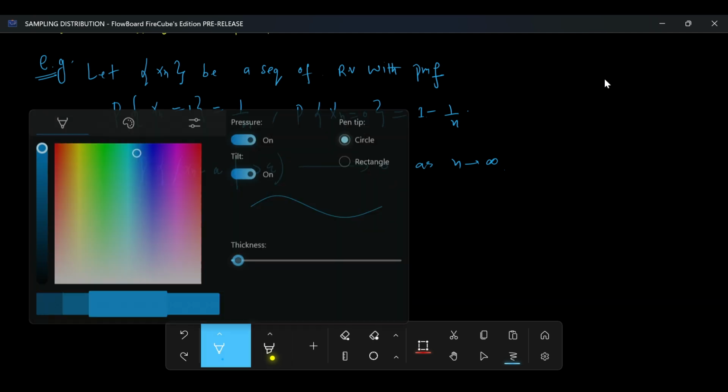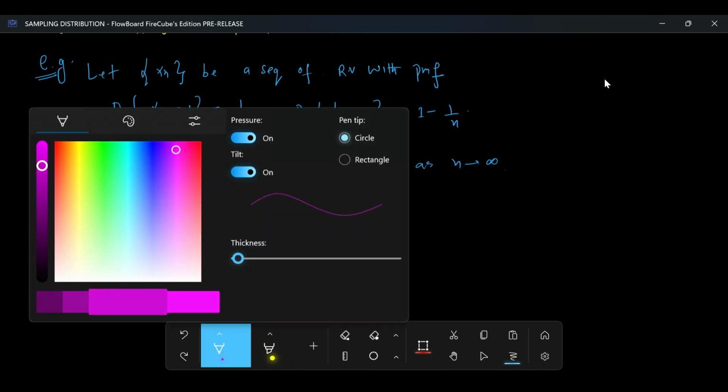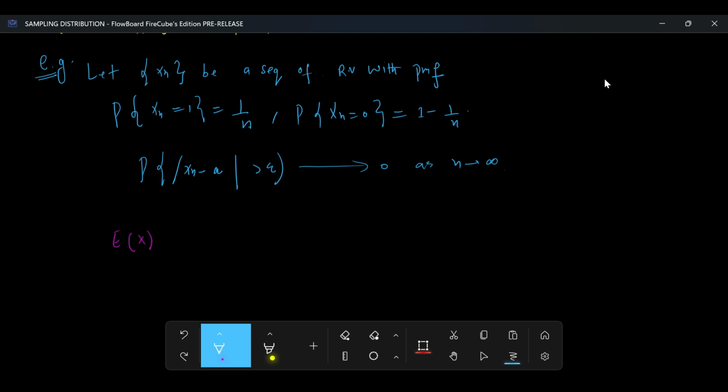The expectation of X is 1 times 1 by n plus 0 times 1 minus 1 by n, so this is equal to 1 by n. So probability of |Xn - 1/n| greater than epsilon will converge to 0 as n tends to infinity.